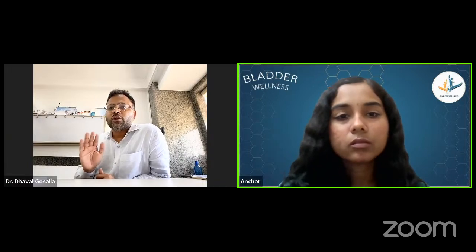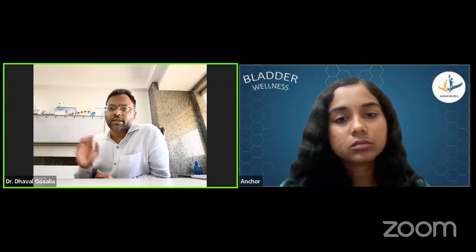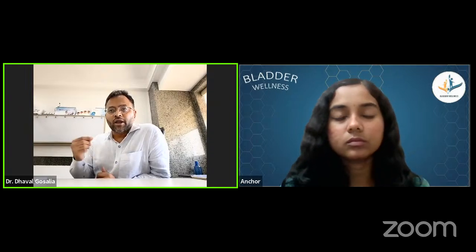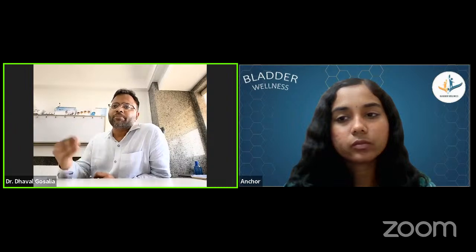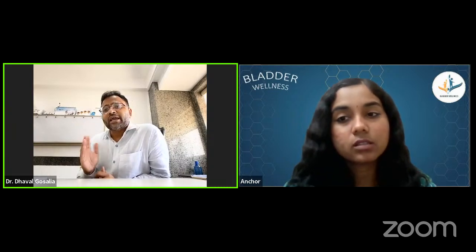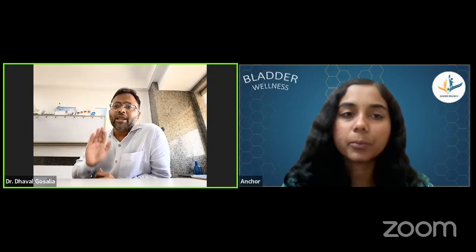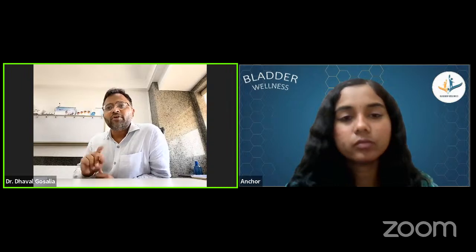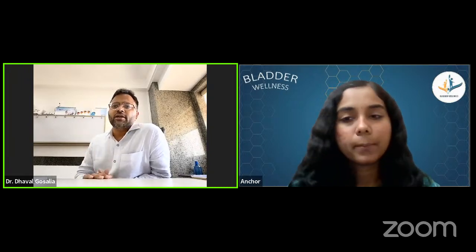This does not require any specialized medication apart from medical expulsion therapy. These are medications which open up the ureter at the junction where it opens into the bladder, and the body naturally expels that stone. But yes, patients can report pain during that passage of the stone. Only pain does not demand any surgical intervention. Pain with fever, vomiting, or swelling in the kidney demands surgical intervention.